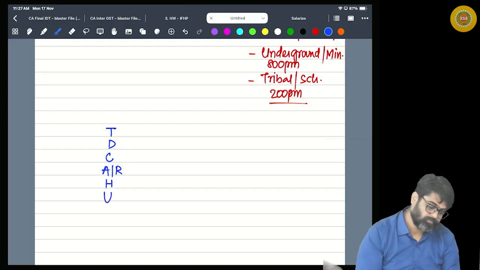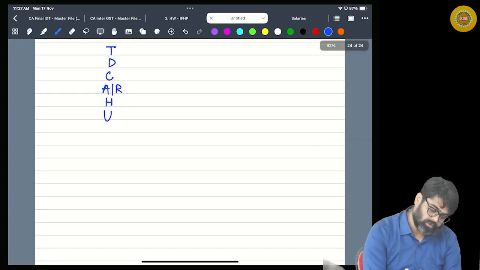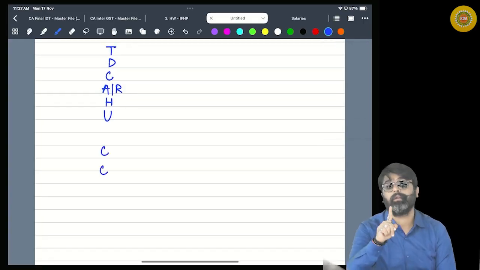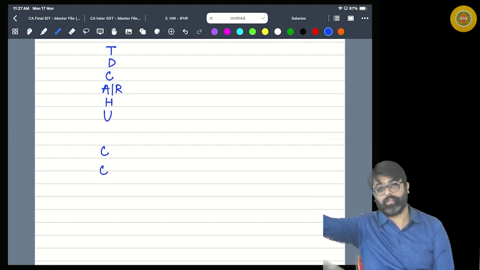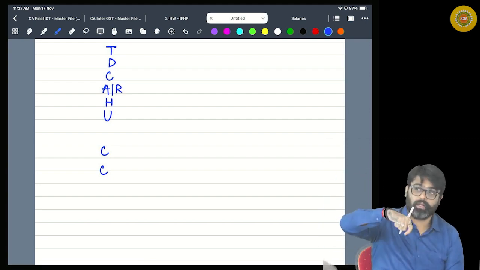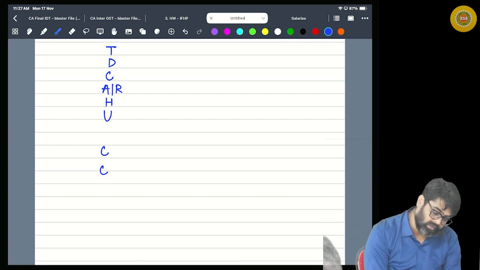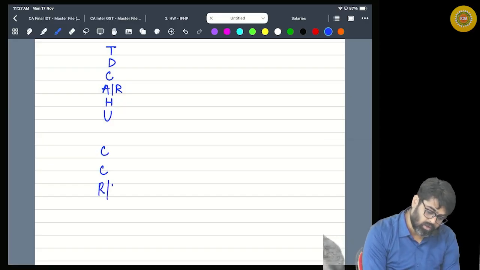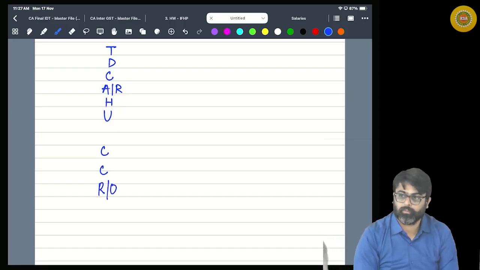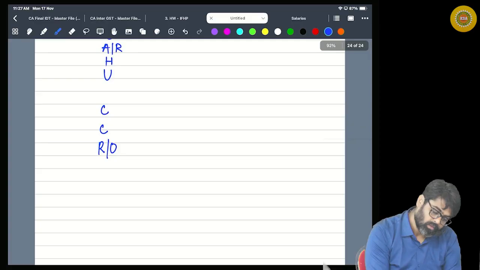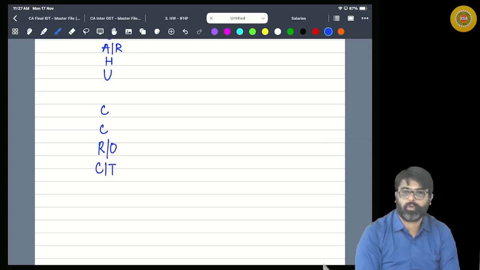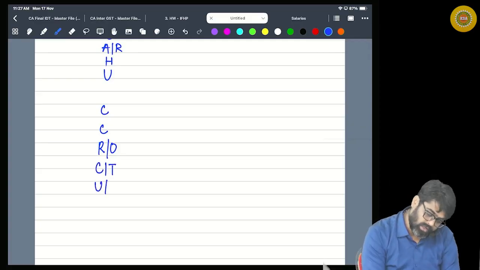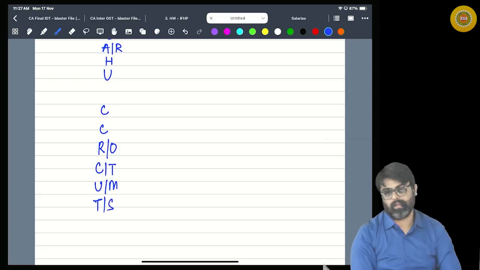Now tell me, next, children education allowance, children hostel expenditure allowance. Then next one is running or outstation allowance. Yes or no? Next one is commutation or transportation allowance, underground area allowance or mining area allowance, tribal area or scheduled area allowance. Yes or no?